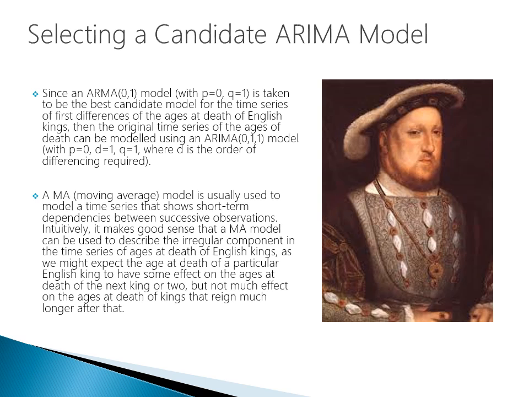A moving average model is usually used to model a time series that shows short-term dependencies between successive observations. Intuitively, it makes good sense that a moving average model can be used to describe the irregular component in the time series of ages at death of English kings, as we might expect the age at death of a particular English king to have some effect on the ages at death of the next king or two, but not much effect on the ages at death of kings that reign much longer than that.